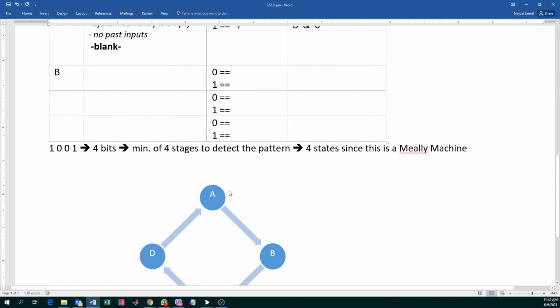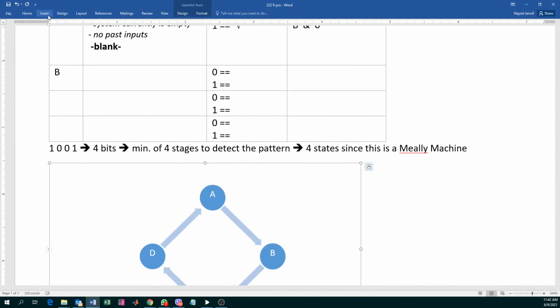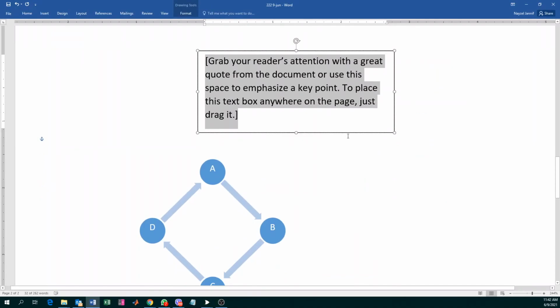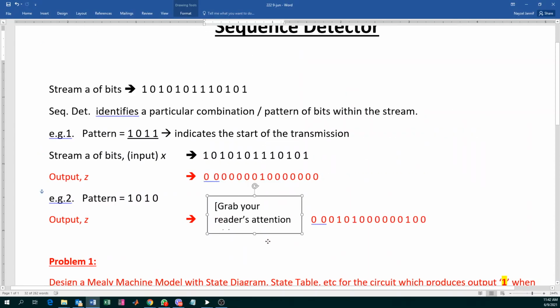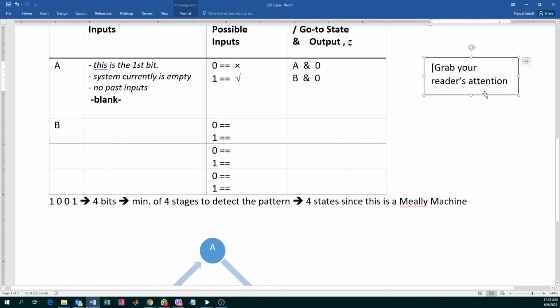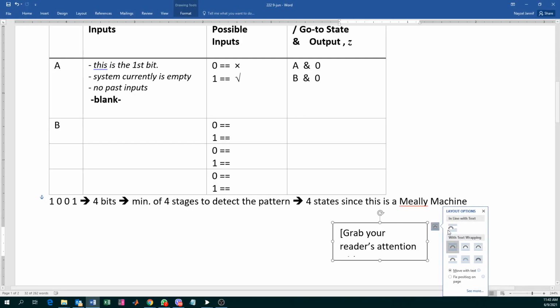So A goes to B if our input was 1. So let me just insert a text box.